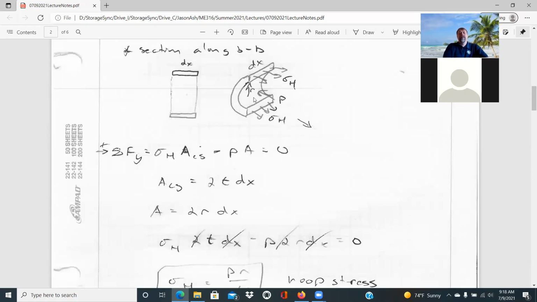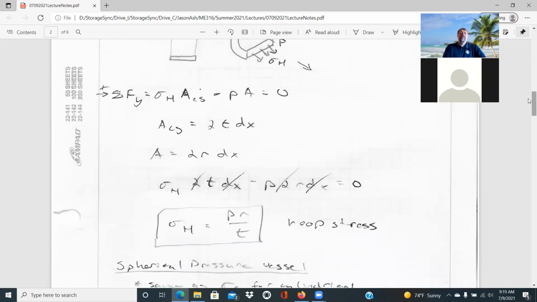And so the cross-sectional area on this one would just be equal to the thickness times dx would give us the top half, and then times 2 would add in the bottom half. So the cross-sectional area would just be 2t times dx. And then the internal area would just be 2r times dx. It would give you the projected area of this rectangle.